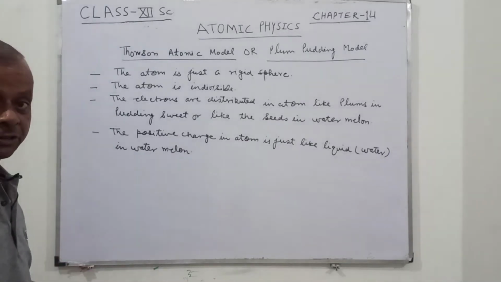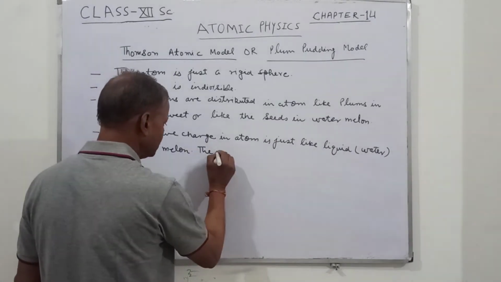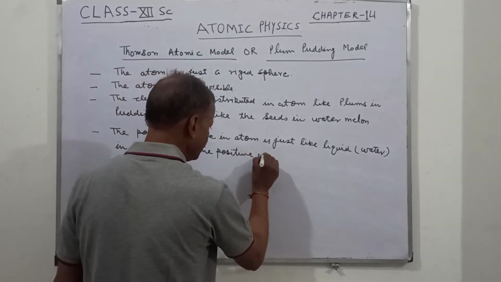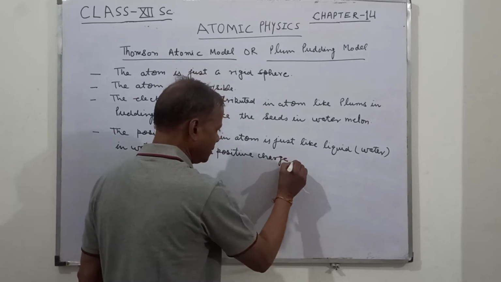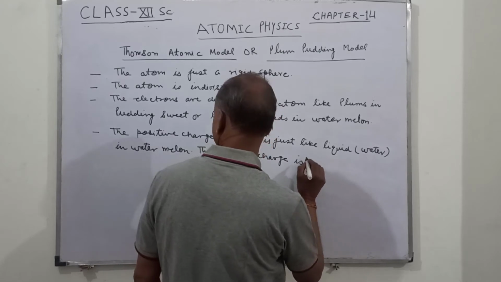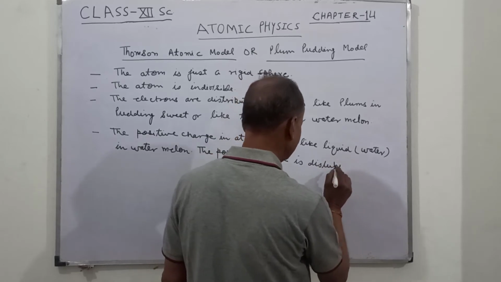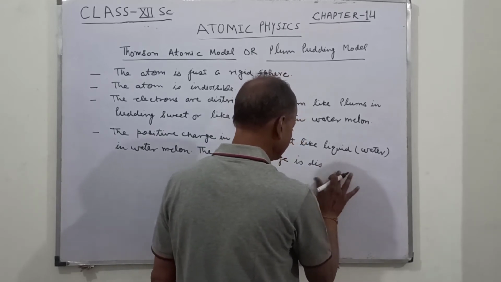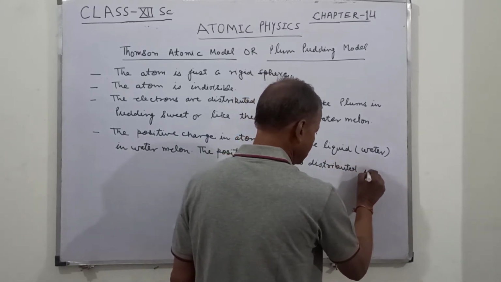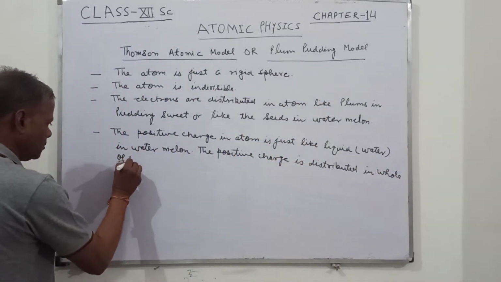So the positive charge is uniformly distributed in the whole of the atom.